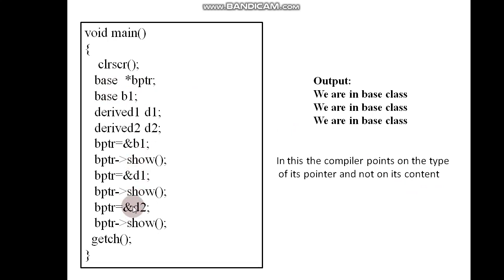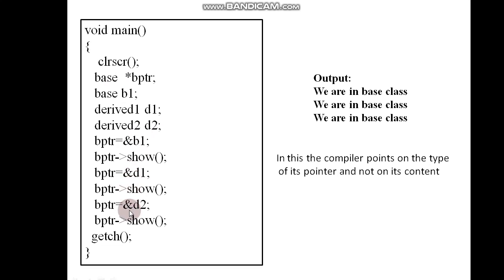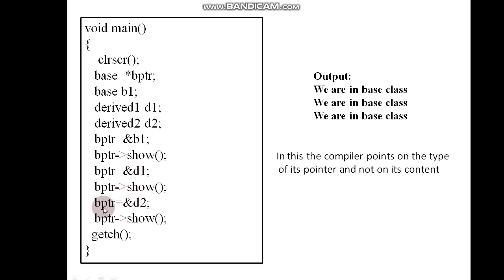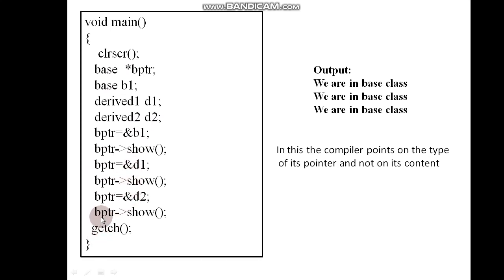Even if we store the address of objects in this pointer, the compiler will not concentrate on the contents of the pointer. Instead, the compiler will concentrate on the data type of the pointer. Even though we are storing the address of objects of the derived classes, the compiler is calling the show function from the base class only.